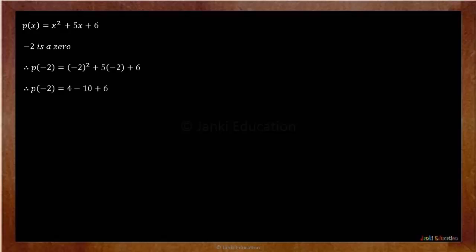Suppose we have the polynomial p of x equal to x square plus 5x plus 6, and I inform you that negative 2 is a zero of this polynomial. I hope you understand the meaning of zero. It means if we substitute the value of x with negative 2, we will get the value of the polynomial as 0.